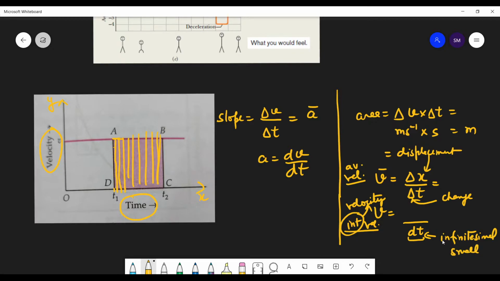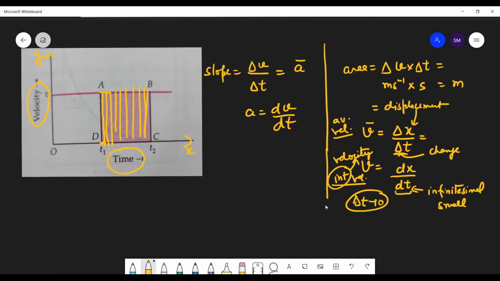How much? This delta t tends to 0. It means this should be as little as possible, 0.000000001 second. Such a small time I am going to take. And then the displacement will also be small. So that's the velocity.